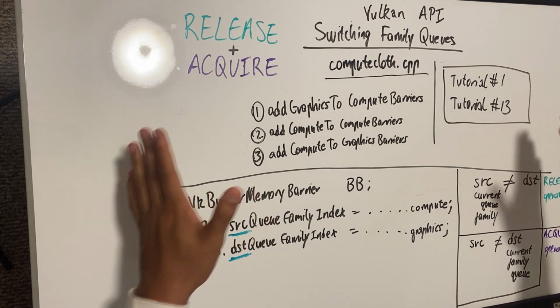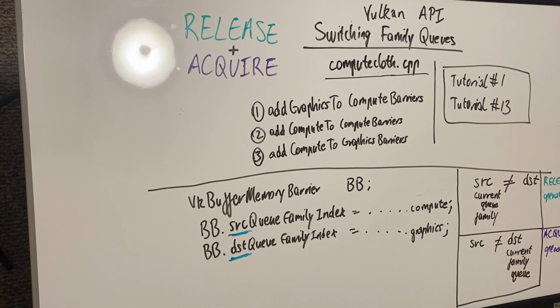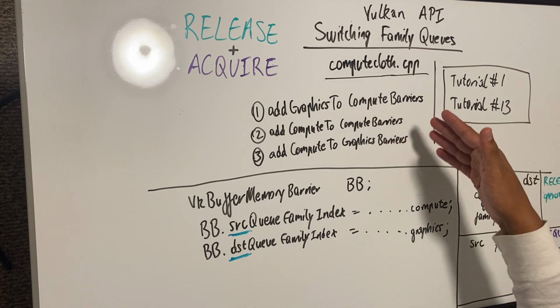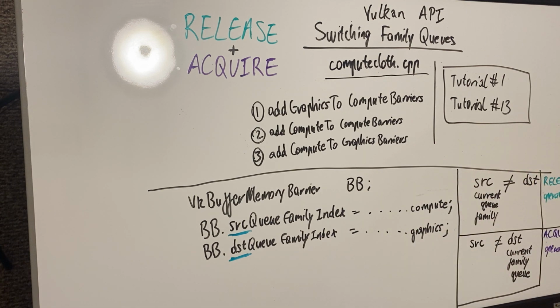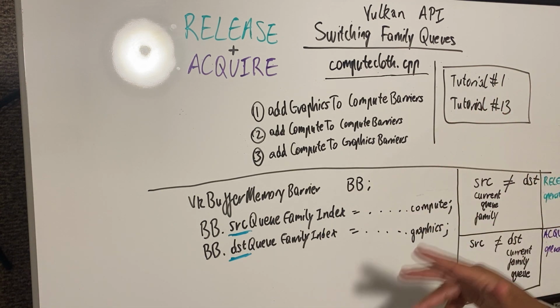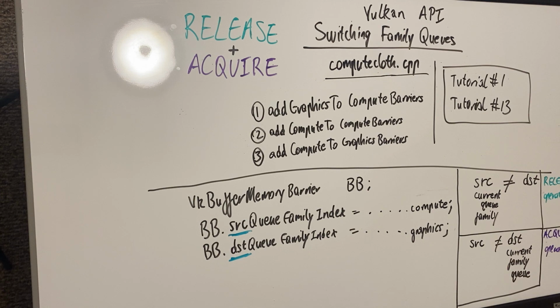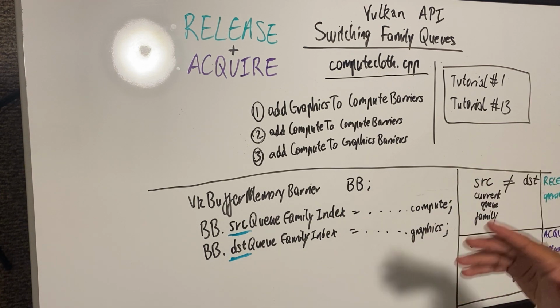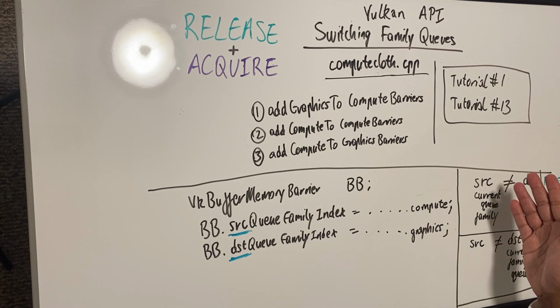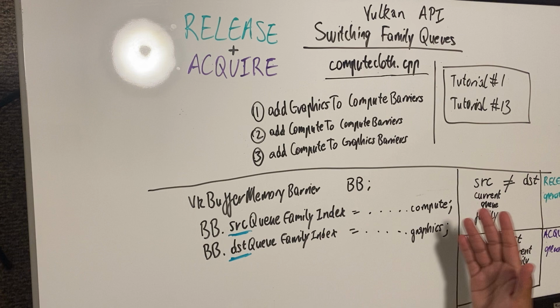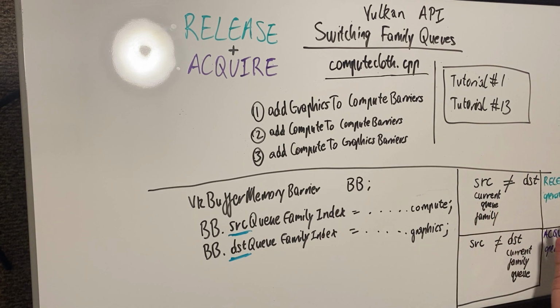Just as a little thing, I have a 1050 Ti, GTX 1050 Ti. The graphics and compute family queue is the same, so I can run it with the specialized flag turned off. But even when I turn on the flag and force the code to go through having distinct graphics and compute families and having to switch between the two, the code still works.